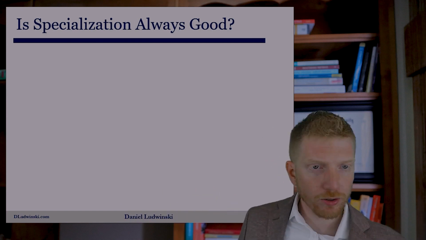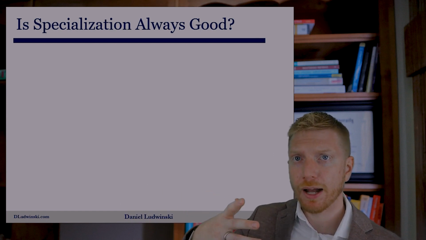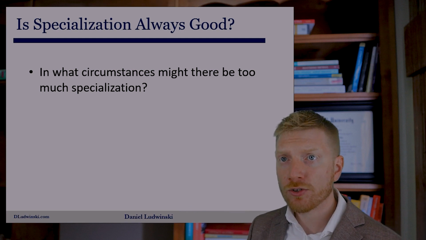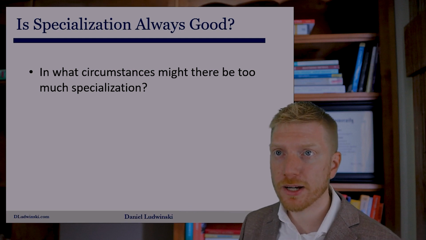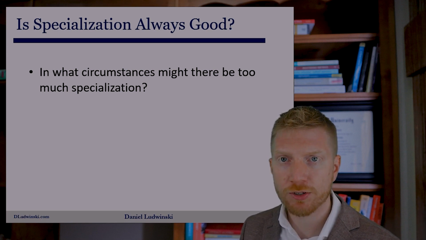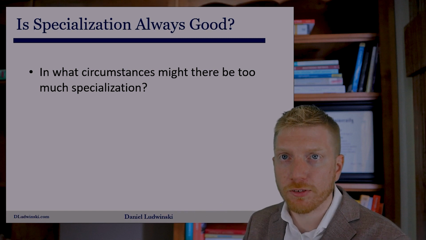Right? This is a model that we are looking at, and we want to think about the pluses and minuses of that model. So, in what circumstances might there be too much specialization, where specialization could potentially be causing a negative consequence? Can you think of any?